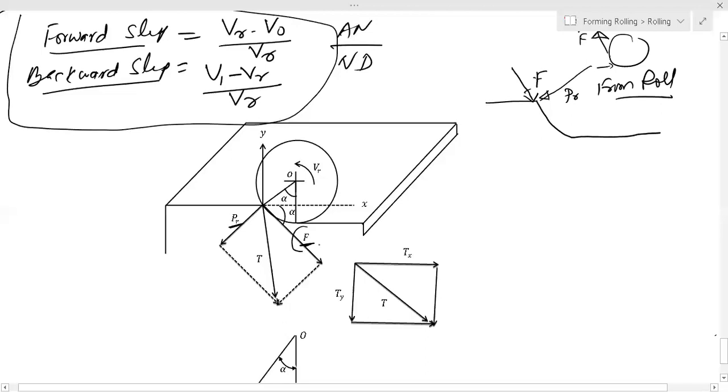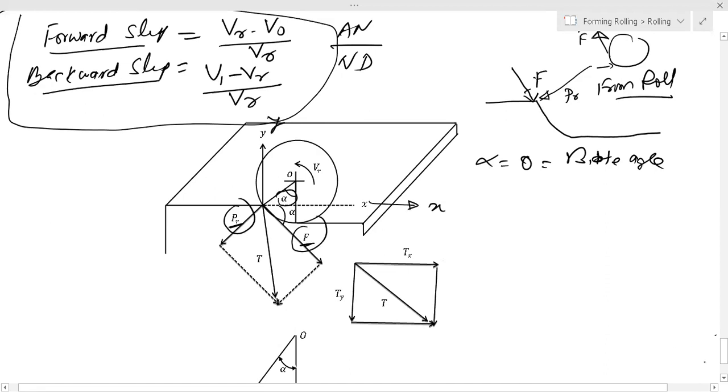So this is the frictional force and the roll pressure, or force normal to the surface, and this alpha, sometimes I wrote theta, don't be confused, alpha and theta are both the bite angle. O is the origin, this is your x axis, this is your y axis.